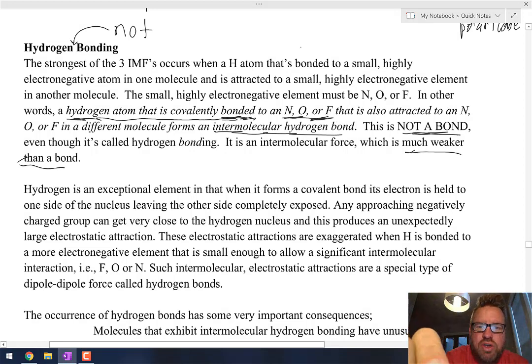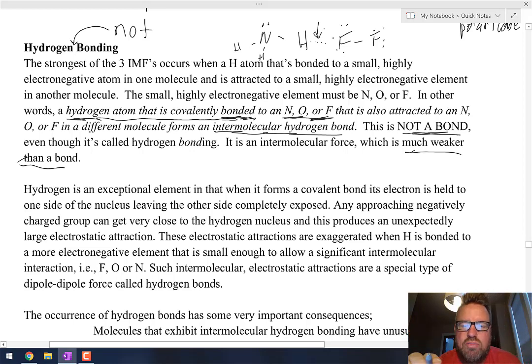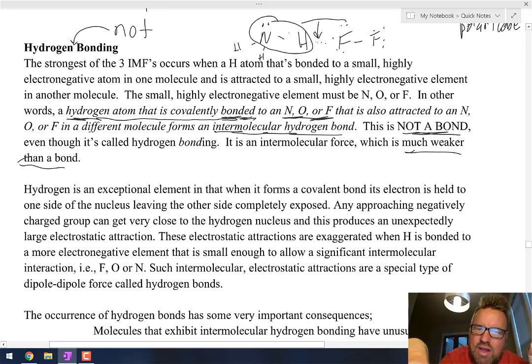So hydrogen can be bonded to nitrogen, such as this, but then attracted to a fluorine in a different molecule. So right there, that would be the hydrogen bond. The hydrogen's bonded to an N, an O, or an F, and then it's attracted to an N, an O, or an F in another molecule.